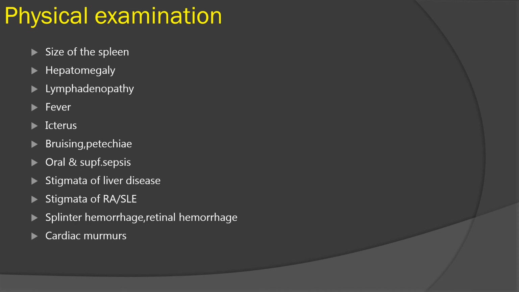Coming to physical examination, note the size of spleen. Note for hepatomegaly, lymphadenopathy. Examine for temperature, icterus, bruising and fatigue, oral and superficial sepsis, stigmata of liver diseases, stigmata of rheumatoid arthritis and SLE, splinter hemorrhages and retinal hemorrhages seen in infective endocarditis, and cardiac murmurs which are also seen in infective endocarditis.